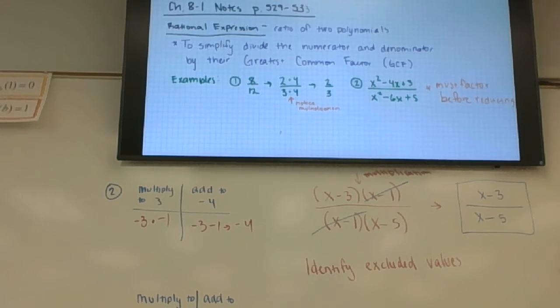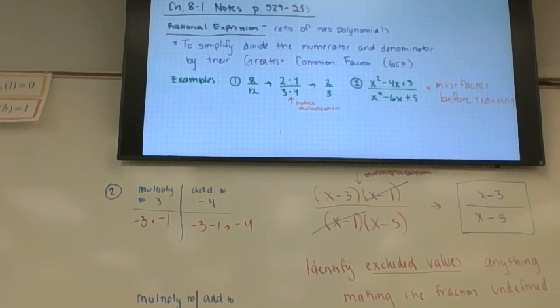We talked about it a lot this week. Excluded values means anything that will make the fraction undefined. You can't work with numbers that leave zeros in denominators. It's no good in the math.